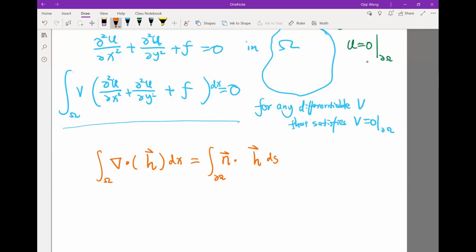The ds is a line integral in 2D and a surface integral in 3D. Now, because the h can be any vector, it can also be a scalar function times this vector function, right? I mean, this is also true. So G is a scalar field or function, H is a vector field.